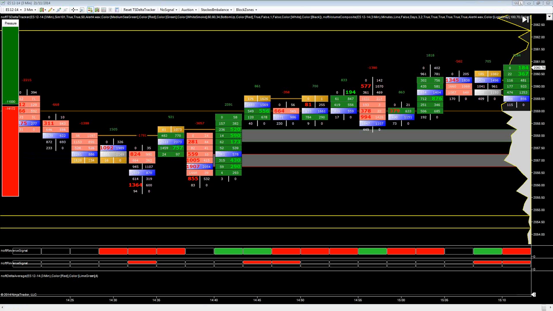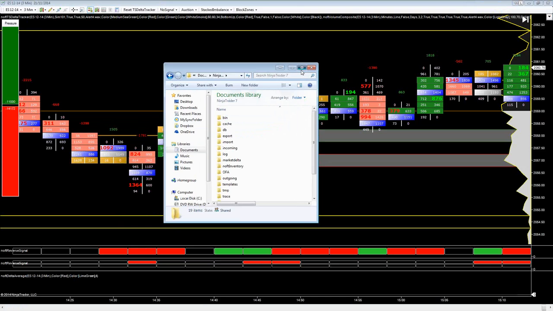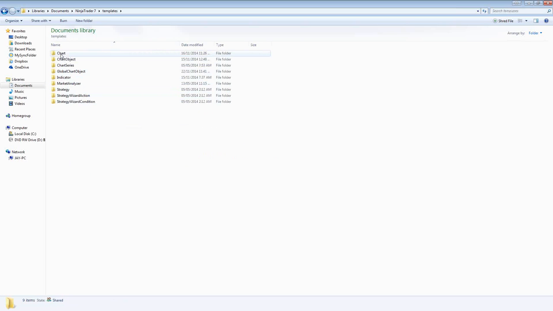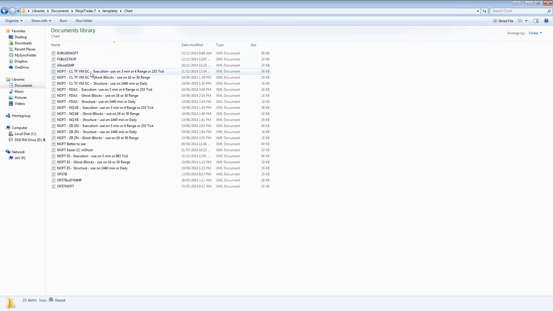If I go into my Ninja Templates folder, go to Documents, go to NinjaTrader 7, click on Templates, click on Chart. These are all the templates that you're going to be able to download, okay? These ones here, can I highlight those? Yeah, I guess I can. Here.